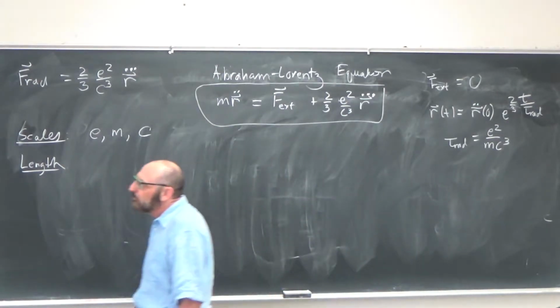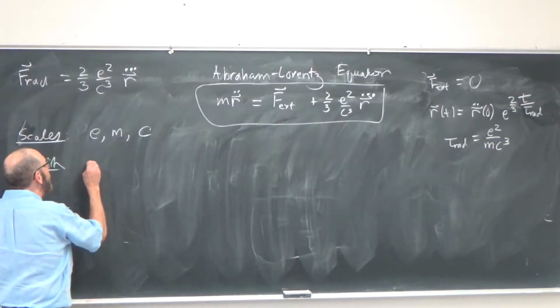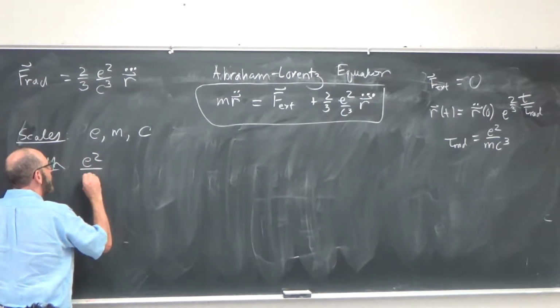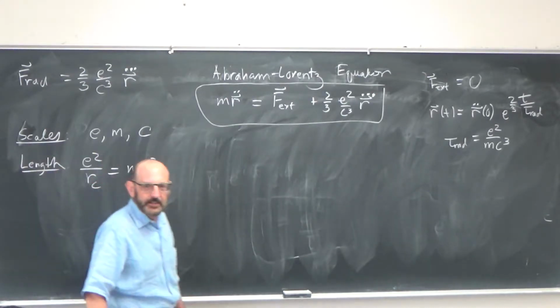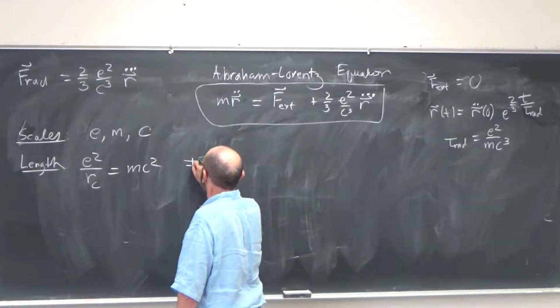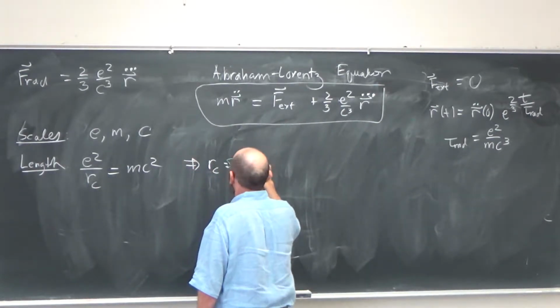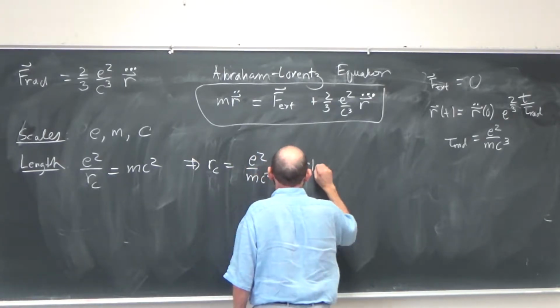The way that I would think about a length is, well, I have an energy scale. mc squared is an energy. And I know that e squared over some characteristic length is an energy, because that's the potential energy of the system. That characteristic length, e squared over mc squared, is known as the classical electron radius.